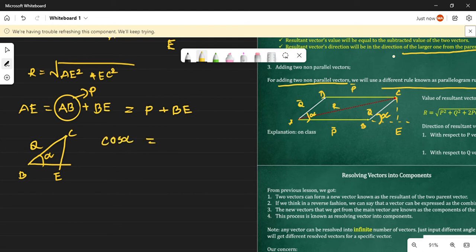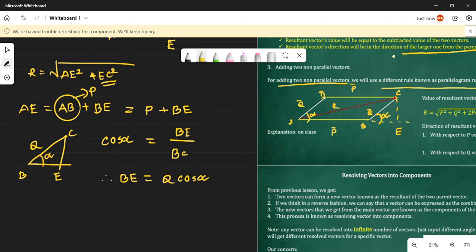Cos alpha is equal to BE divided by the hypotenuse BC. So BE can be written as, since BC is equal to Q, Q cos alpha. Similarly, we have to find the value of EC also. From this triangle, we can find the value of EC.